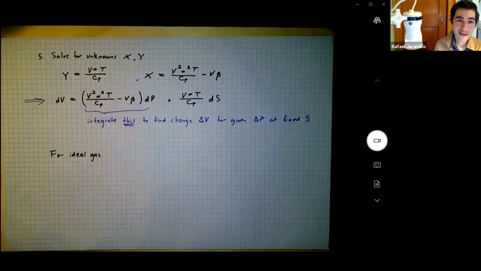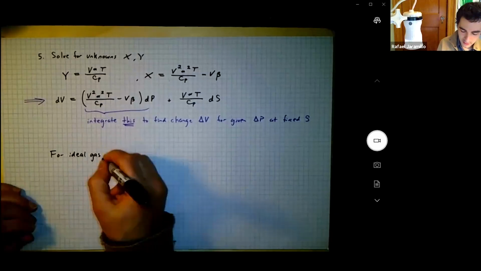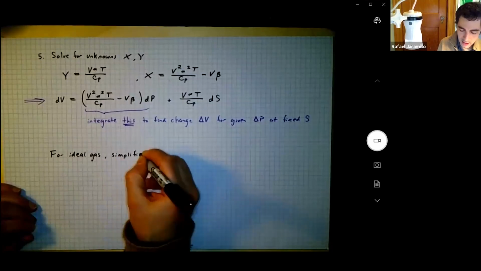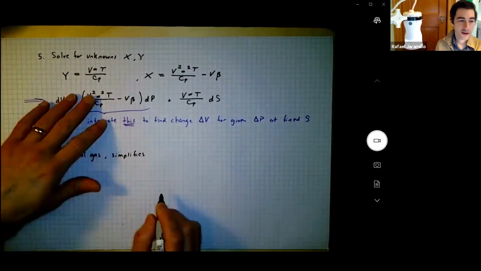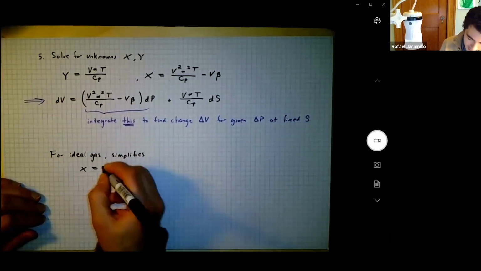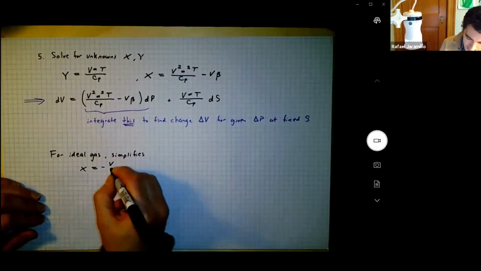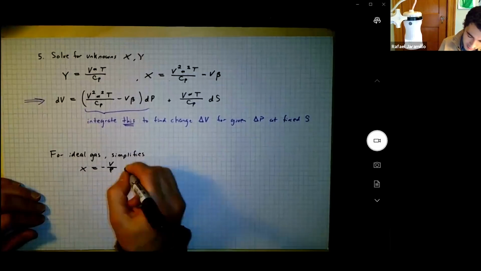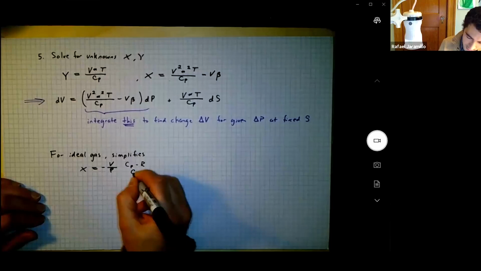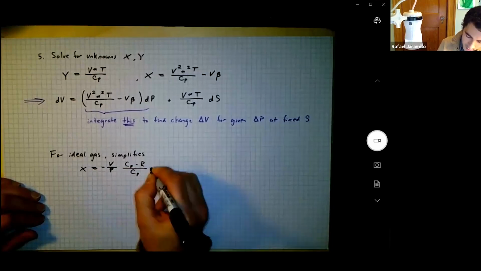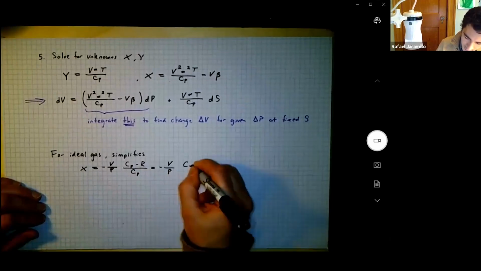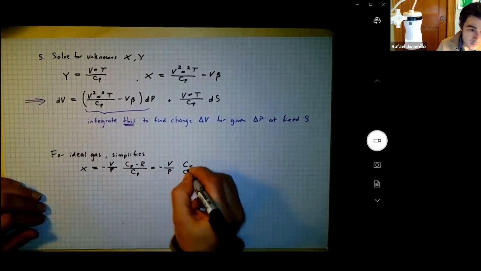For an ideal gas, as with many things, it simplifies. So you don't need any databases to evaluate this for an ideal gas. It simplifies to the following: X equals minus V over P times (C_P minus R) over C_P, which is also equal to V over P times C_V over C_P.